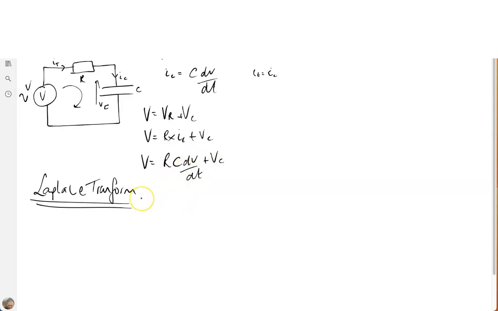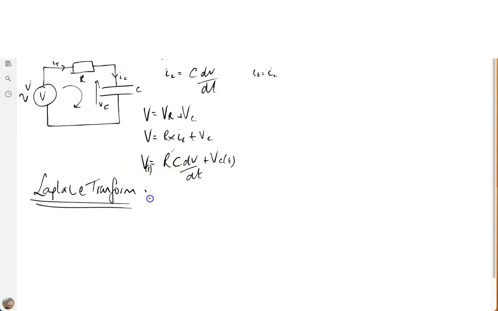In this case R is going to be a constant, so we can forget about it, because a constant remains a constant whether we're in the time domain or the frequency domain. We need to take the Laplace transform of the left hand side and of the right hand side, and anything that is with respect to t, so V(t), transforms into a V sub s.